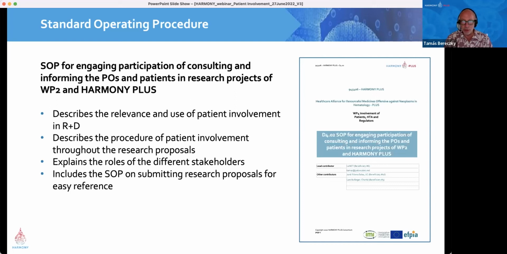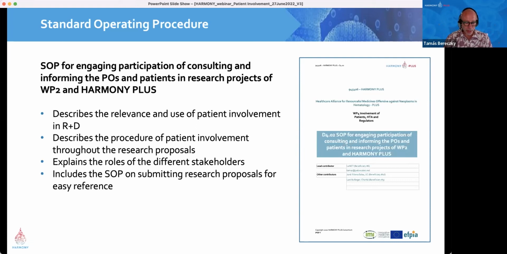And last but not least, it also includes 2 additional standard operating procedures. At the end of the document, you will find the SOP on submitting research proposals, and also the official research proposal form that we all are supposed to use when submitting research proposals to the Harmony platform. In order to have everything in one package, that's also part of the document.